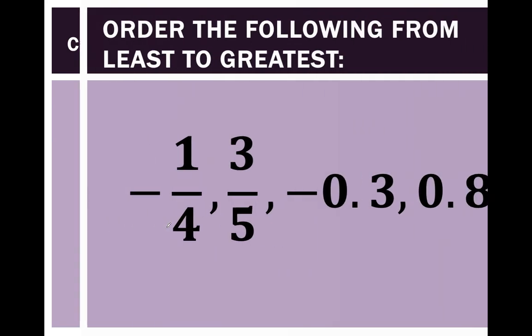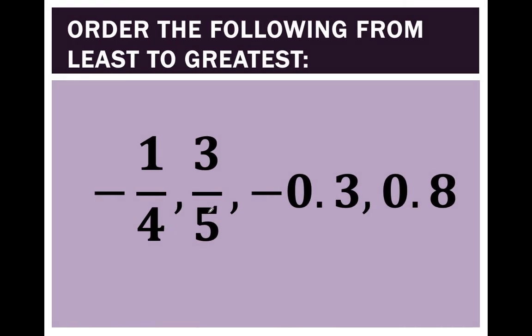Let's try some more with negatives. Here we have a mixture of fractions and decimals, and we're going to put them in order from least to greatest. So the first thing I'd like for you to do is change the two fractions to decimals. So -1/4, if you divide 1 by 4, that's 0.25. And since it's negative, we can just put the negative back on the front there. So that's -0.25.